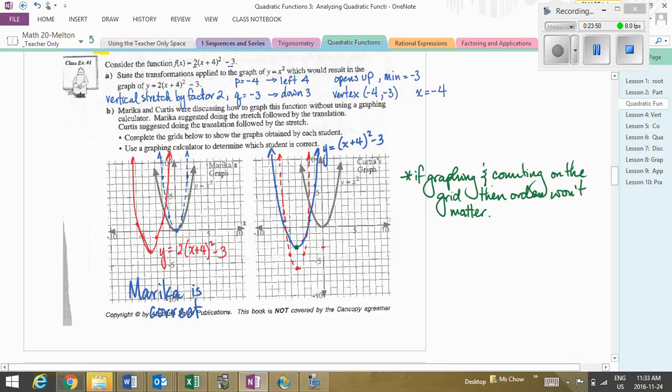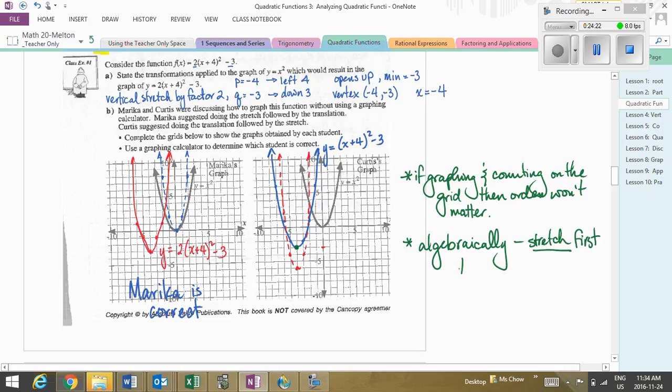So essentially what we are doing is we're translating the vertex and then stretching the original one from there, but algebraically, we must stretch first.